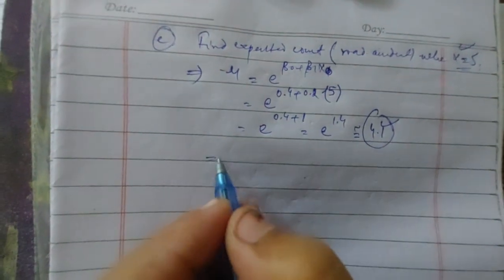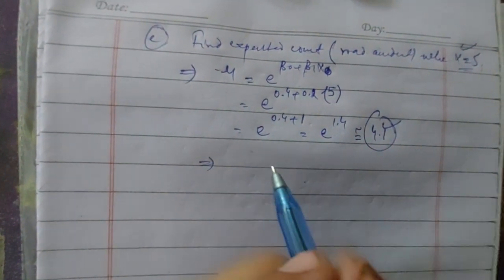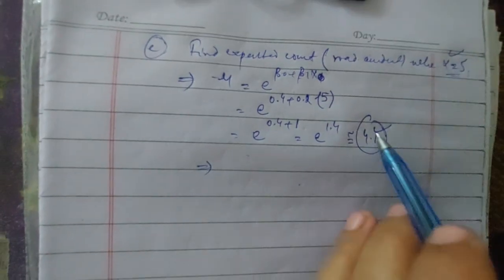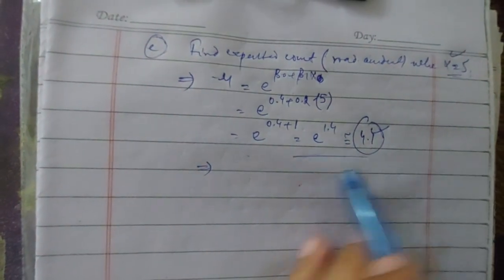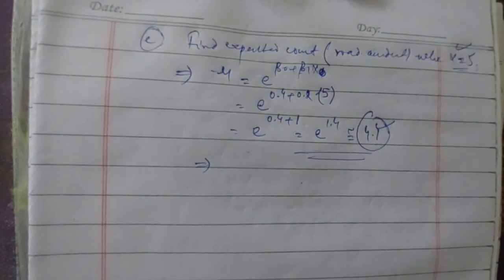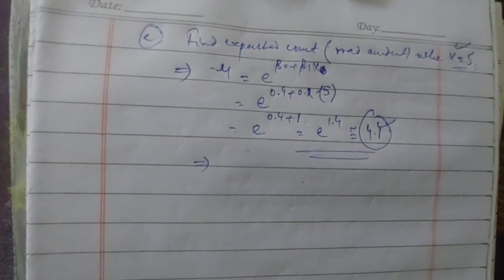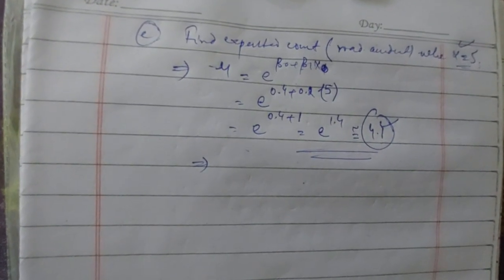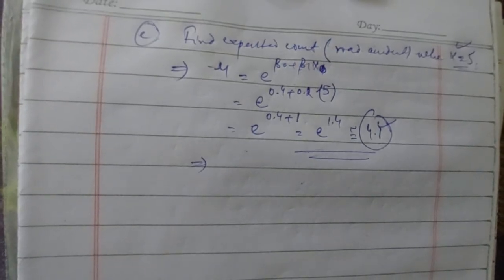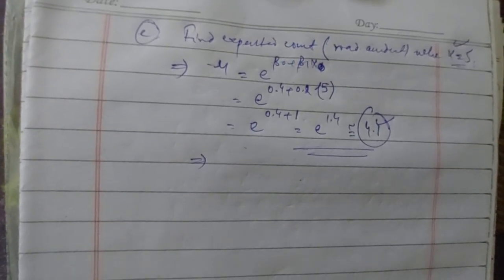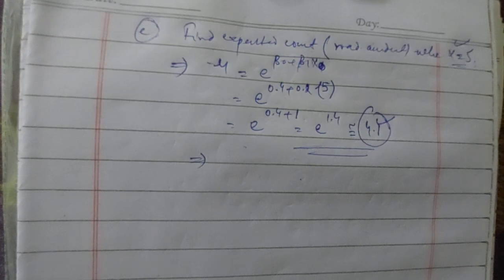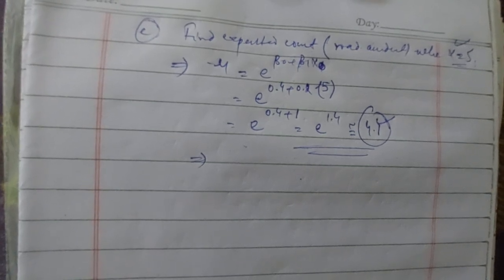So the number of accidents when the traffic volume is 5 is 4.1 or 4 maybe. You can round it to 4 or 4.1. The actual figure is 4.05. So there are 4 accidents when the traffic volume is 5. That is the expected count at x is equal to 5.